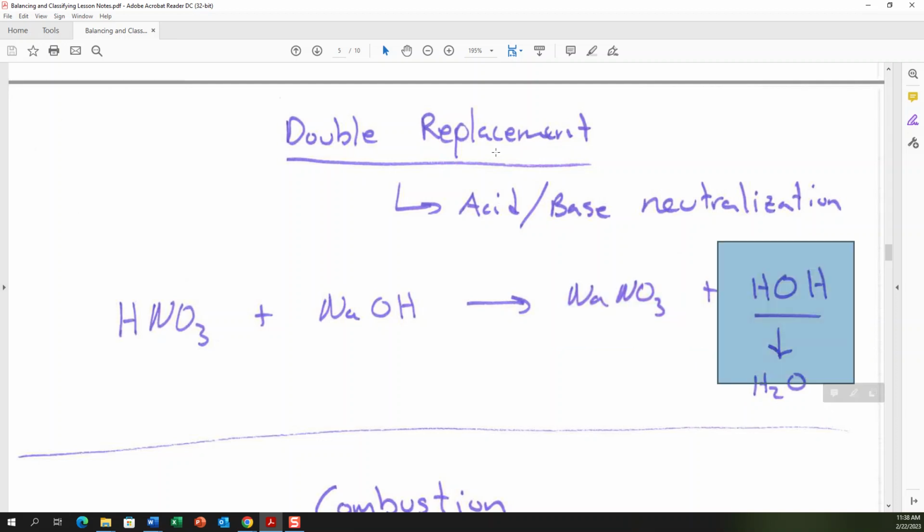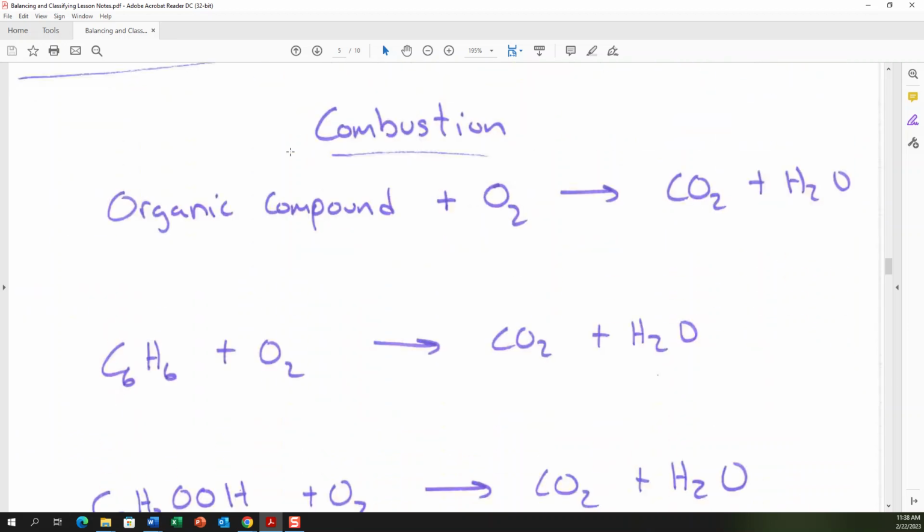Okay. All right, so again, combustion is going to be the easiest to spot. It's always going to be something burning in oxygen. So you're going to have an organic compound plus oxygen, and the products are always going to be CO2 and H2O. Now, technically, it's only CO2 and H2O if you have complete combustion. We're just going to assume complete combustion all the time.